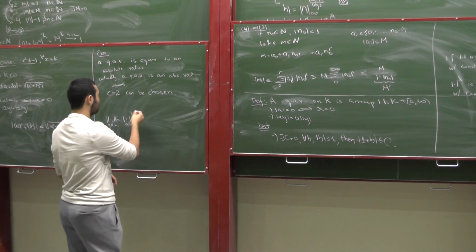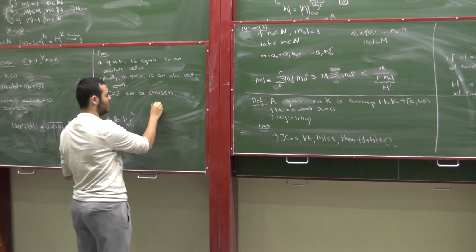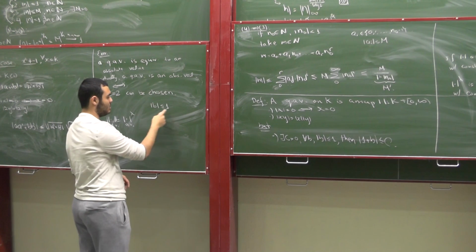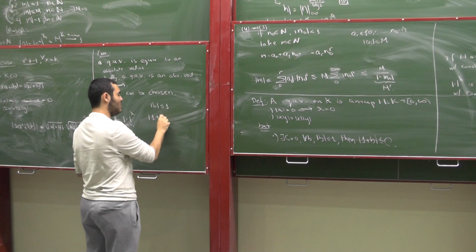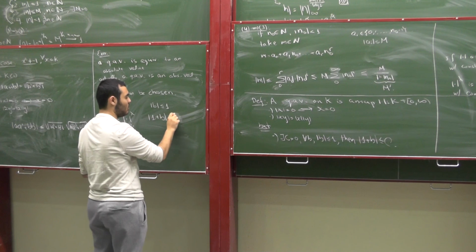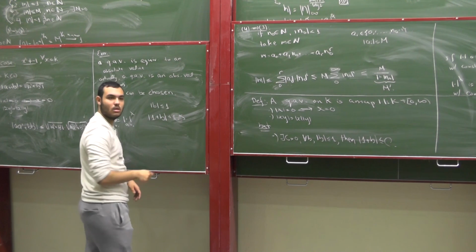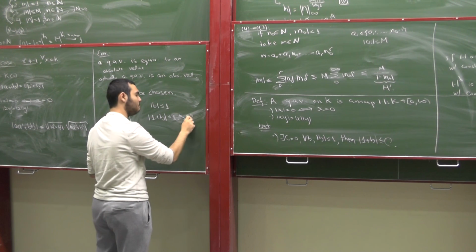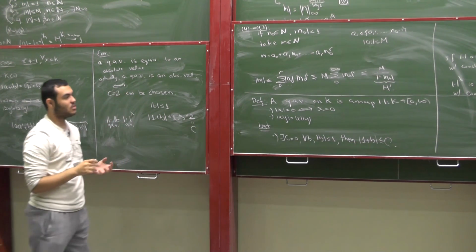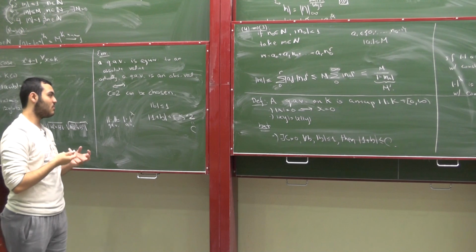So if the value of B is less than 1, then the absolute value of 1 plus B is bounded by C. So if you put here 1.5 or I don't know what, you can also put 2.